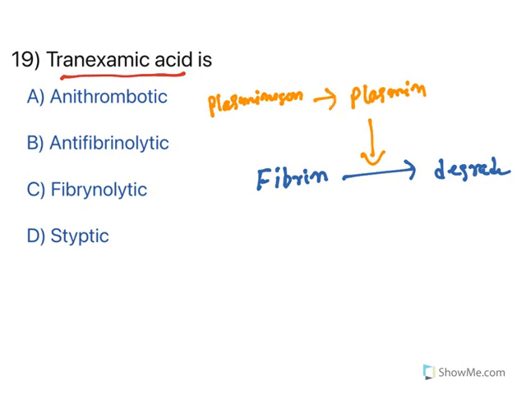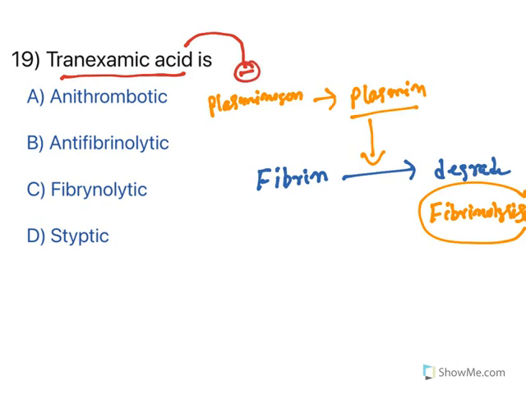So plasminogen is converted to plasmin. Now, if plasmin is there, it causes fibrin degradation. This is nothing but fibrinolysis. Lysis means breakdown. So degradation of fibrin is known as fibrinolysis, which is caused by plasmin. Now, tranexamic acid inhibits plasminogen. If plasminogen is inhibited, plasmin will not be there and fibrinolysis will not occur.